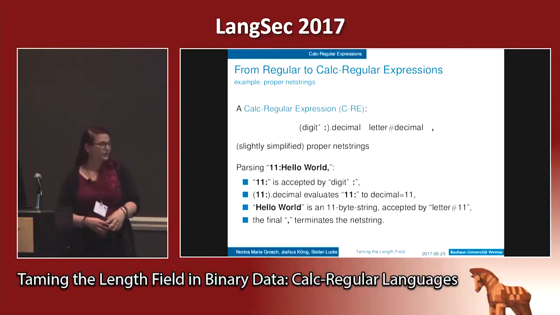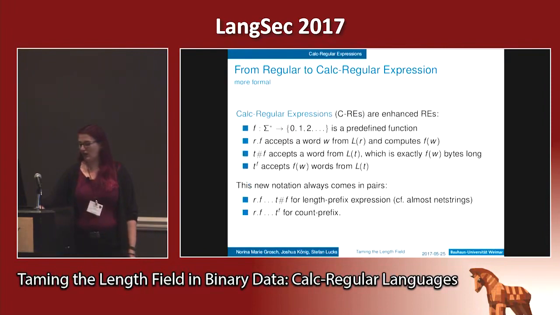For example, if you want to parse 11 colon hello world comma, 11 colon would be accepted by digit star colon and then evaluated by the function decimal to the number 11. And hello world is an exactly 11 byte long string, which then is accepted by the sub-expression letter hash decimal, and the final comma terminates the string.